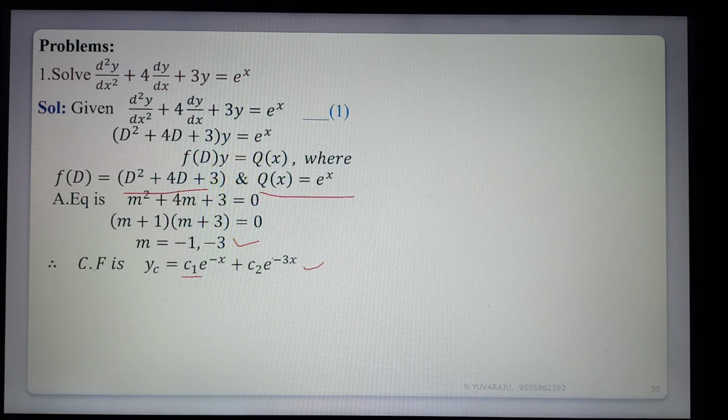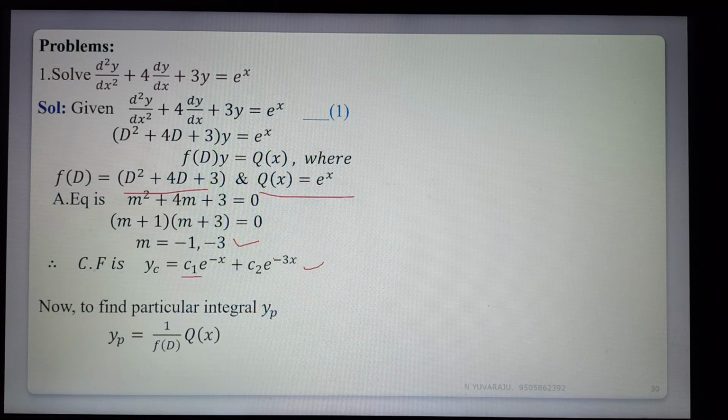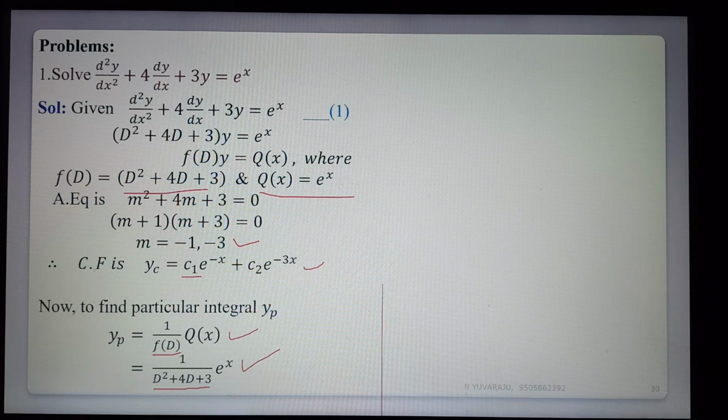Now finding yp, the particular integral: yp is equal to 1 by f of D into Q of x, so 1 by D square plus 4D plus 3 into e power x, where Q of x is equal to e power x. First of all take the product of the factors, that is 1 by D plus 1 into D plus 3.